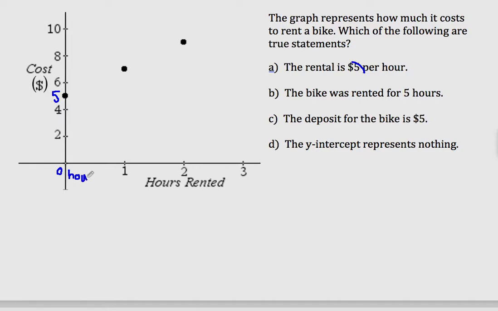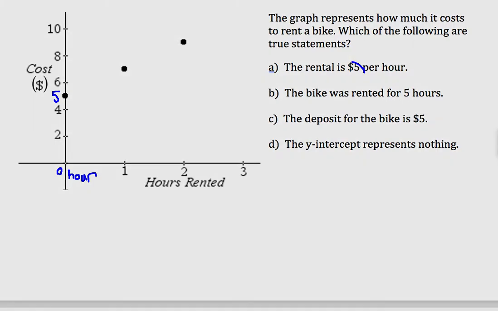So that's 0 hours. We haven't even rented the bike. But what this indicates is that it's not $5 per hour. It's like a $5 deposit that you have to pay no matter how long you rent the bike for.